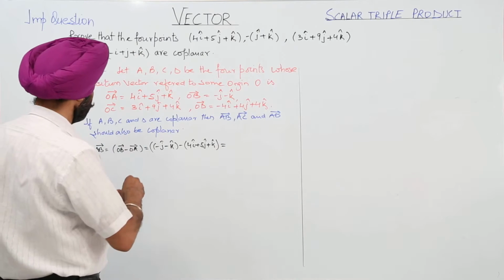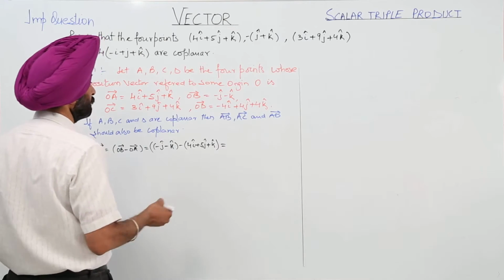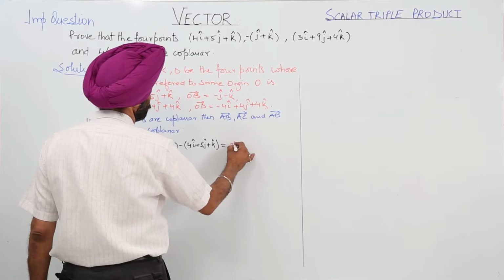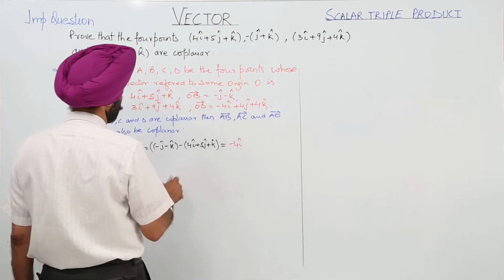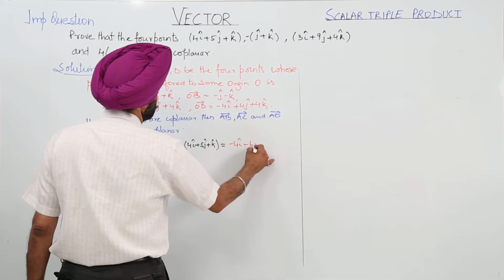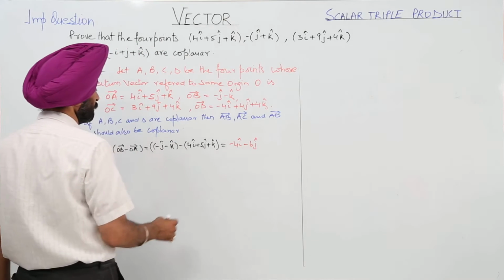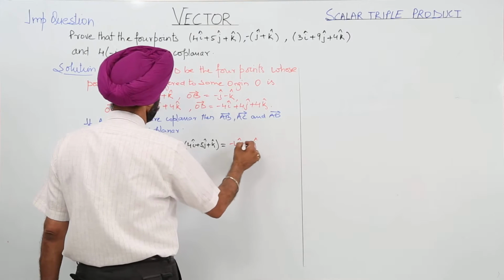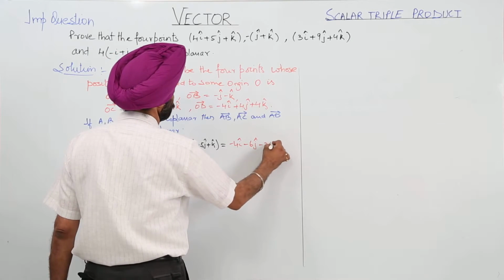Now on solving we are getting this one: negative of 4 i cap minus 6 j cap and minus 2 k cap.